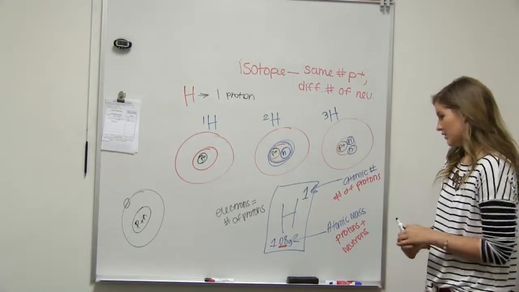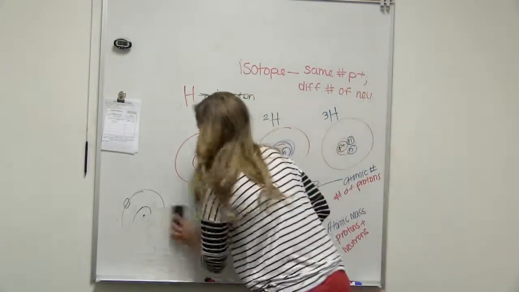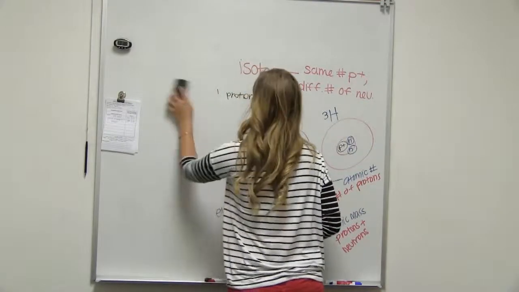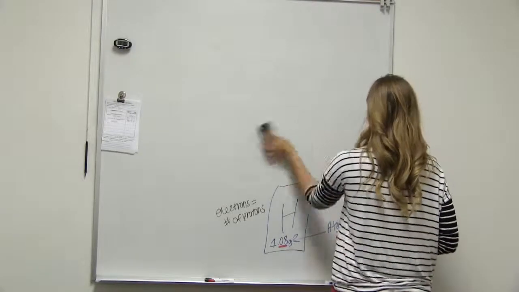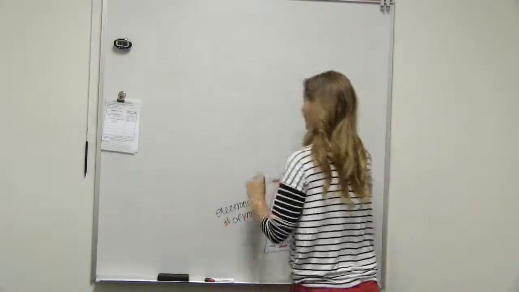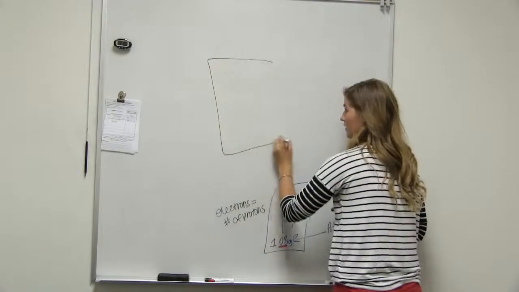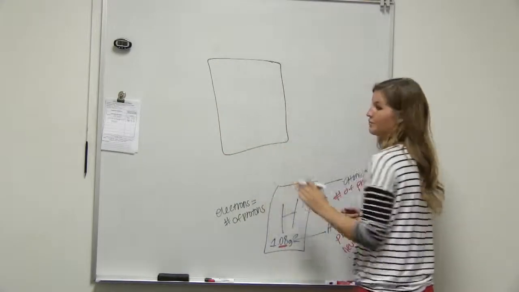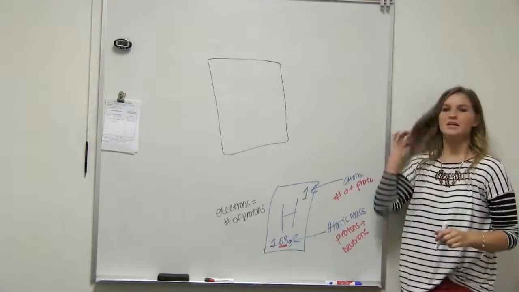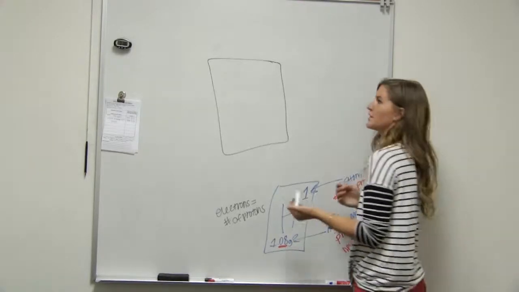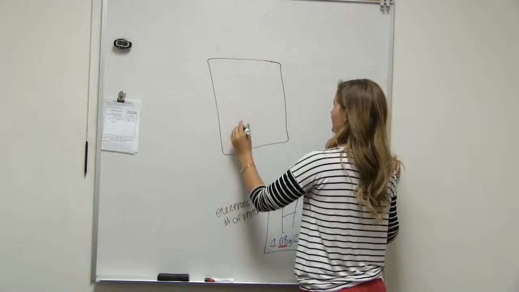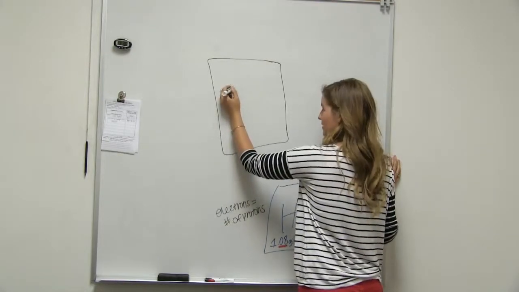So then, let's do a scenario. Oops, I just erased my key. Okay, so I'm sure there'll be a question on how many protons, electrons, and neutrons this element has. So we're going to make up our own element to get the point down. What's your last name, Abby?